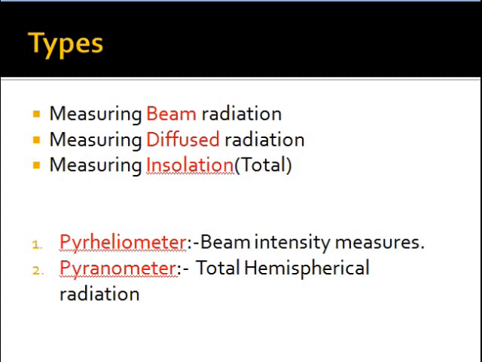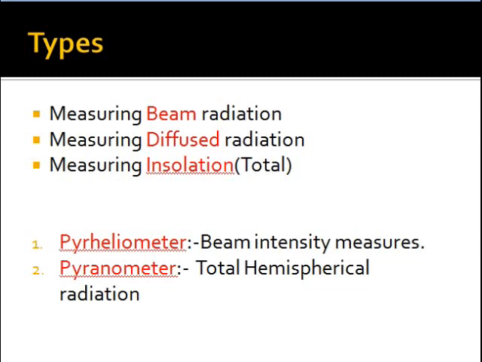There is a set of devices which measures only beam radiation, and there is a set which measures total radiation. And we know the difference will be the amount of diffused radiation which comes onto the surface.